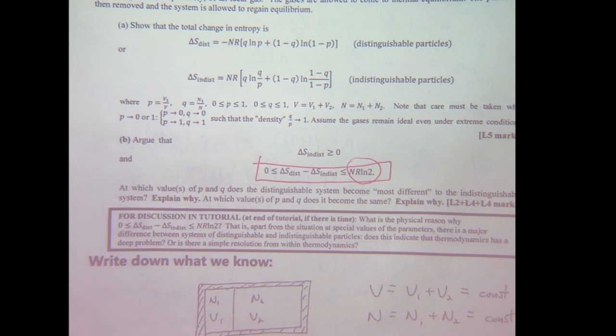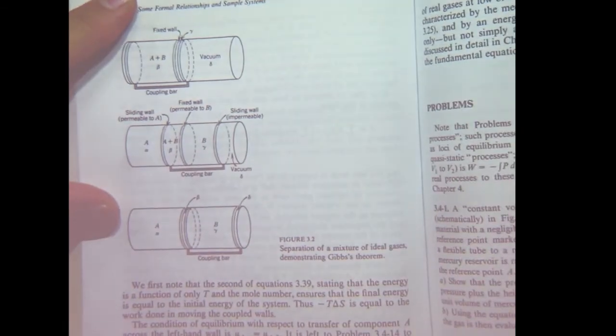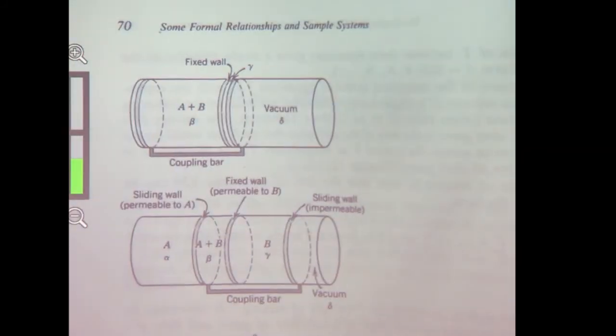Now, the last thing I want to say is that Callen gives an excellent interpretation of Gibbs's theorem when you have a mixture of gases. This is on page 70.